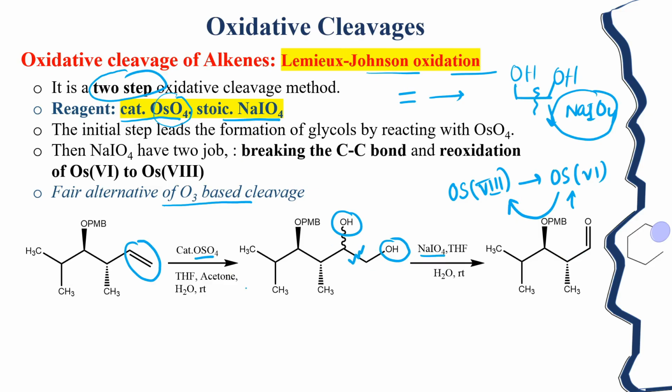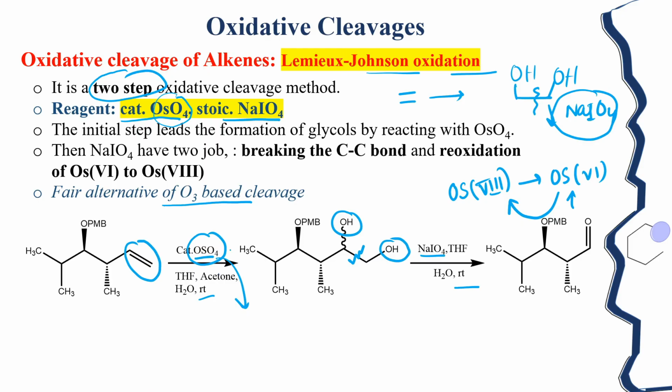And you can find that all of this is done at room temperature, whereas in the case of ozone we have to do a low temperature reaction. So it is a fair alternative to O3-based cleavage. However, this particular reaction also has a drawback. Since it uses OsO4, OsO4 is highly toxic and volatile.